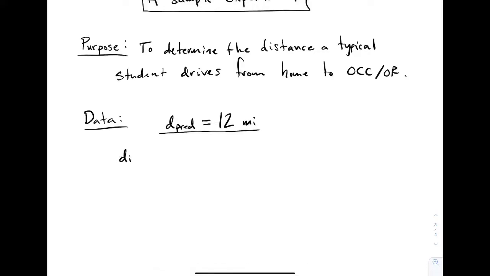The data that I got that year is the following. So I'm just going to write D for distance.